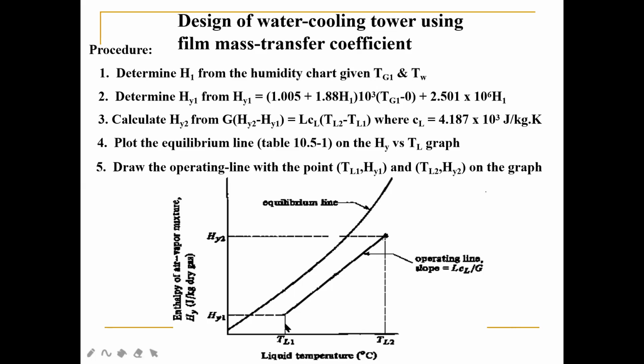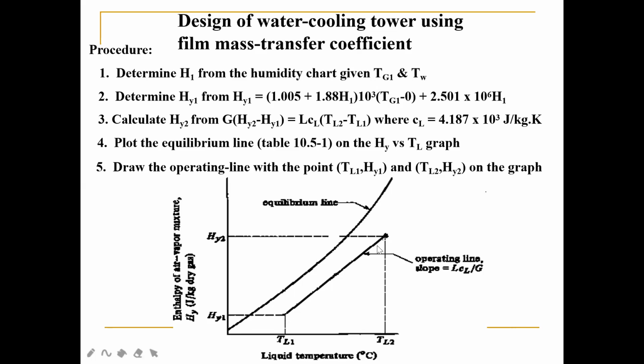Okay, so when you plot, this is the equilibrium line you draw from the table 10.51, and when you plot the points TL1 and HY1, you will get this point. And when you plot TL2 to HY2, then you will get 2 points.